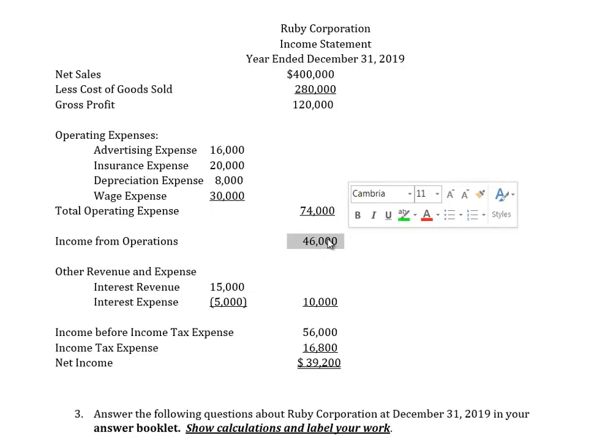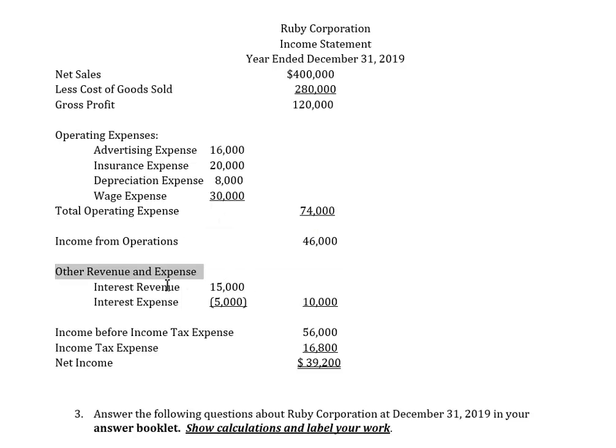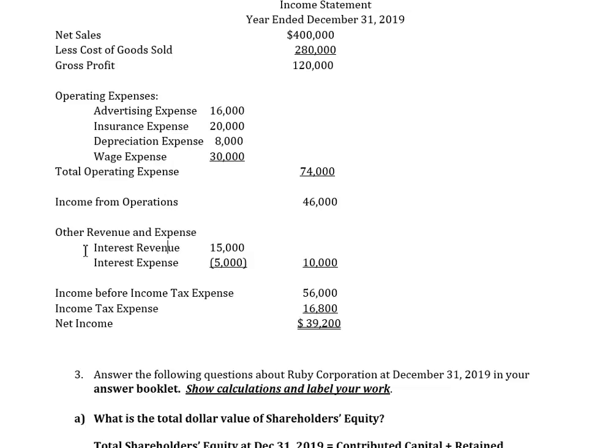It's from this number that we have to deduct and add in any other revenue and expense. In our case, the other revenue and expense will be interest revenue and interest expense. Why is it other? Because these are not a result of operating decisions made by the company. This has got more to do with how you decided to finance your business. So the idea is we're going to take any revenue and deduct expenses related to interest from it.